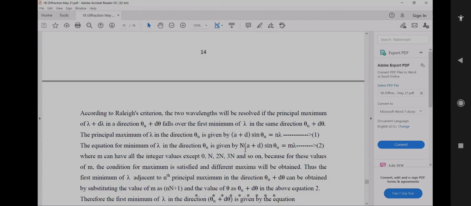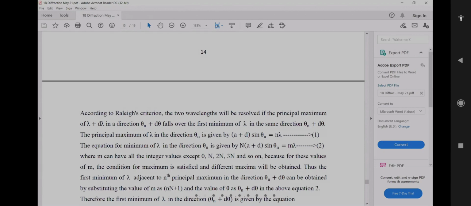So it is given by N into a plus d sin theta n is equal to m lambda, where m can have all the integer values except 0, N, 2N, 3N and so on, because for these values of m, the condition for maximum is satisfied and different maxima will be obtained.